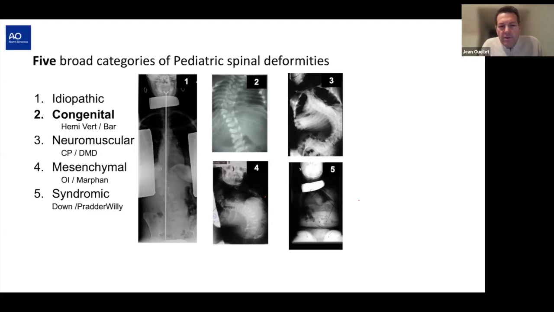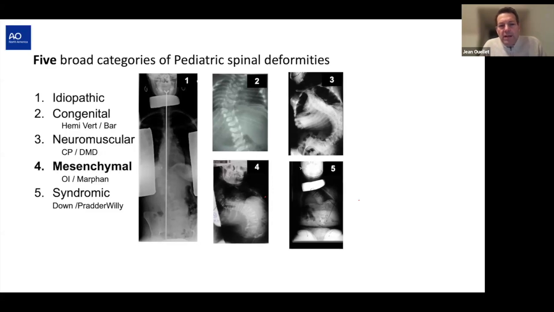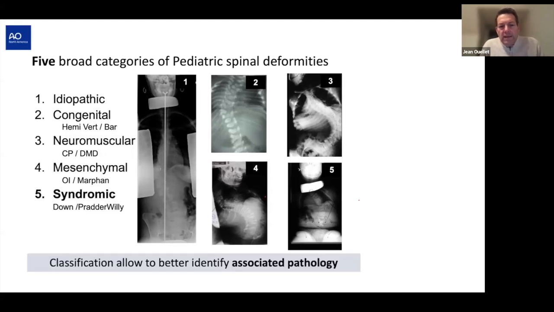So you're thinking about osteogenesis imperfecta, Marfan's, Ehlers-Danlos; they're building blocks of the spine that lead to spinal deformity. And then finally, you have genetic predisposition to having spinal deformities, and these I lump into syndromic. So you have Down syndrome or Prader-Willi or even Cri-du-Chat. These are all abnormalities that generate deformities, and being able to classify them allows you to identify the associated pathologies.